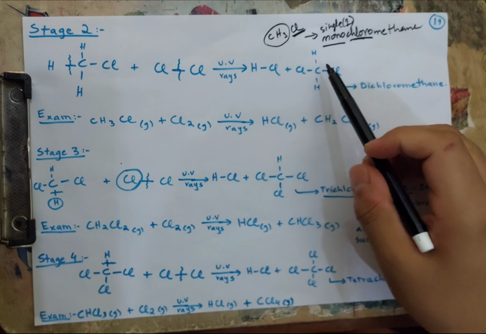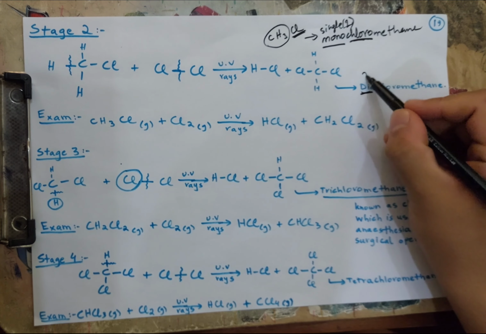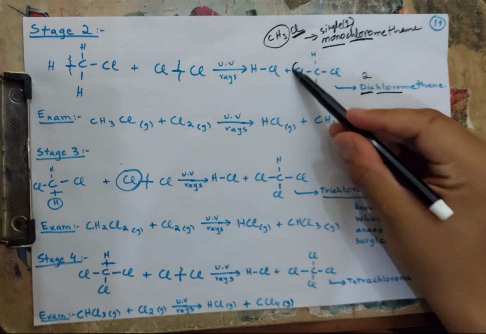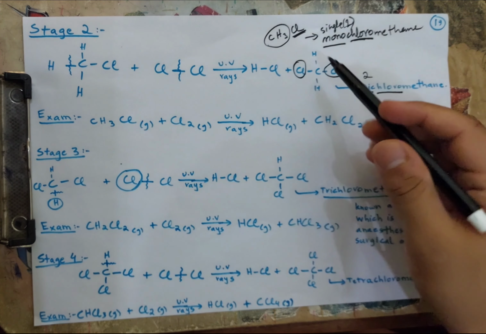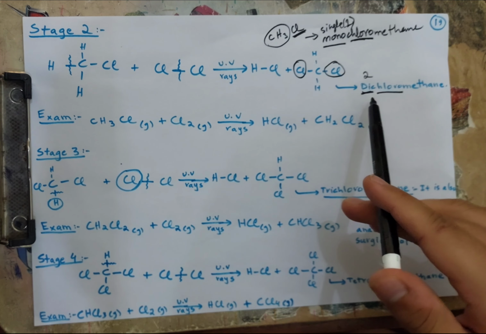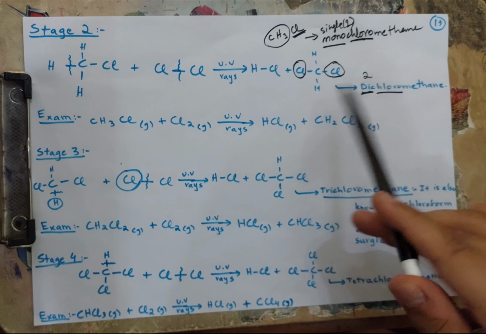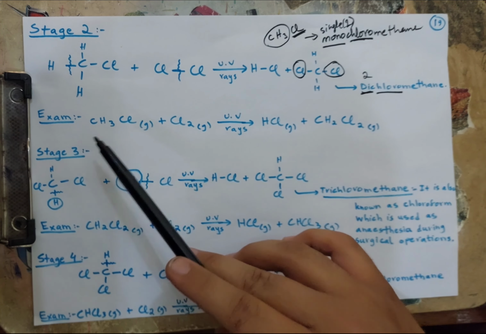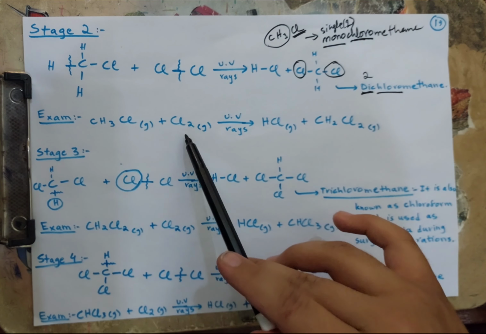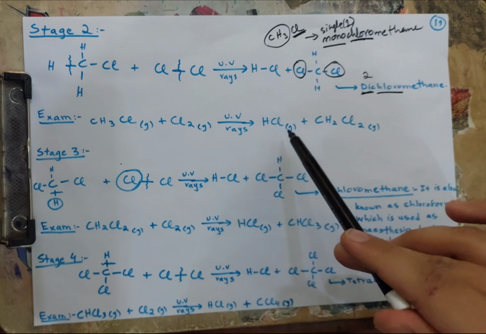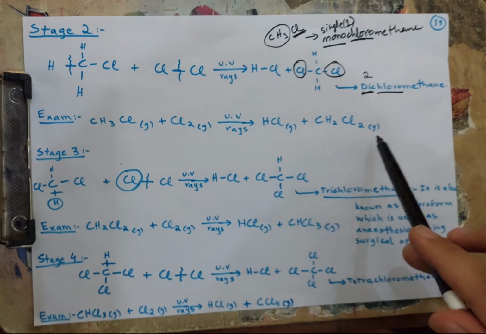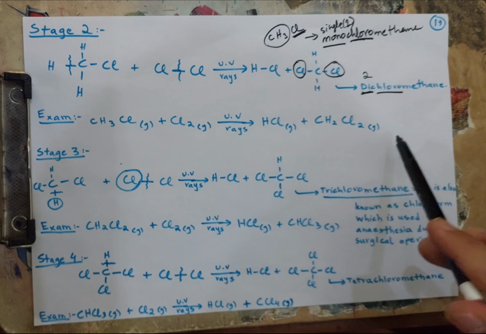And here CH2Cl2 is formed, so di means 2, two chloro attached with methane, so we say dichloromethane is formed along with HCl. Exam style, you can see CH3Cl gas plus Cl2 gas in the presence of UV rays forms HCl gas plus CH2Cl2 gas. And stage 3 now.